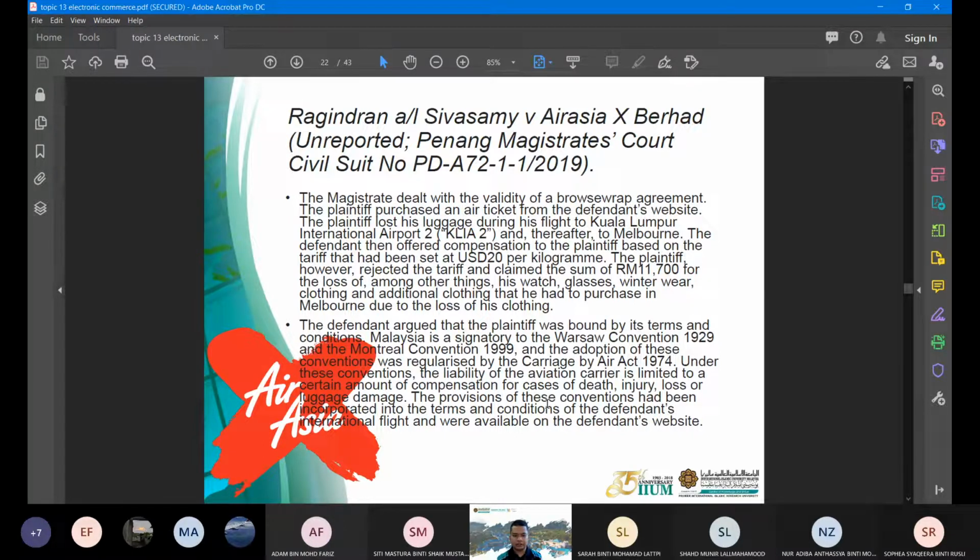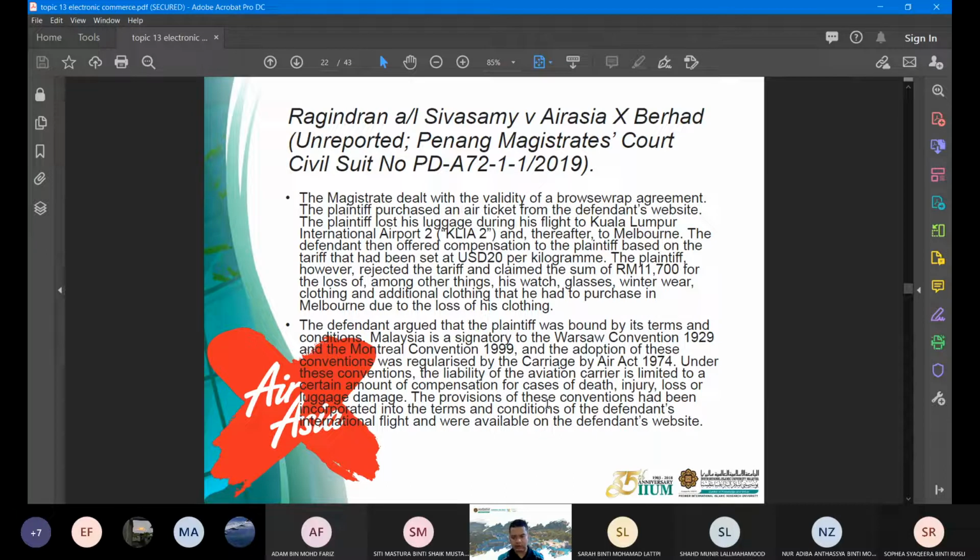The defendant, AirAsia, tried to offer compensation to the plaintiff based on the tariff set at USD 20 per kilogram. But the plaintiff rejected this tariff and claimed the exact amount of 11,700 for the loss of his stuff.